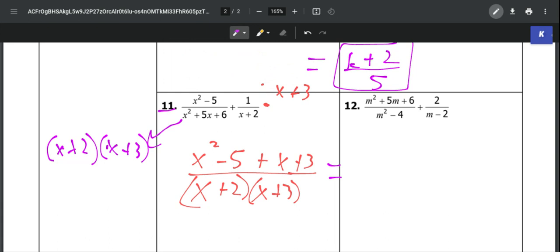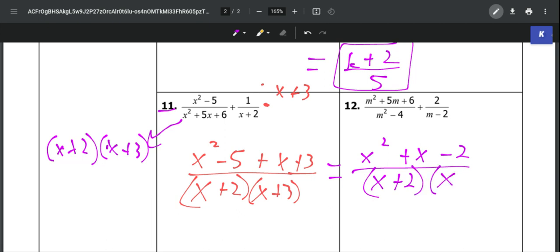So now this is just combining like terms on the top. So x squared plus x minus 2, because negative 5 plus 3, those were the only actual like terms we had. The bottom's already factored for us: x plus 2 times x plus 3.